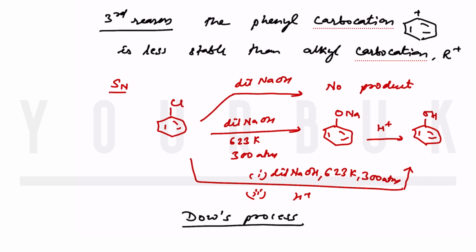Now, the second example of nucleophilic substitution is reacting chlorobenzene with ammonia. Ammonia is also a nucleophile, but using just ammonia does not give any product. So again, we have to increase the temperature and use a catalyst to increase the speed of reaction.